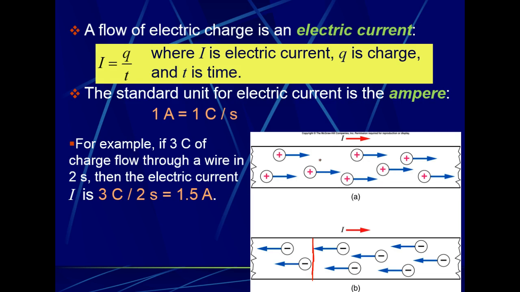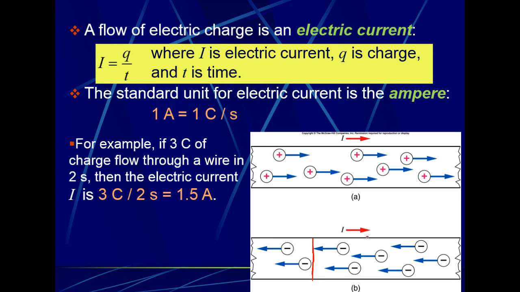Now, what is going on here? You'll notice two different things. A shows a flow of positive charges going to the right, and our current is to the right. B shows a series of negative charges going to the left, but our current is still to the right. If you remember from chemistry, what tends to flow is negative charges.